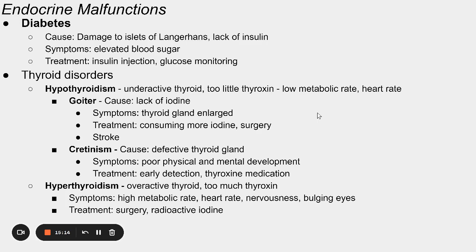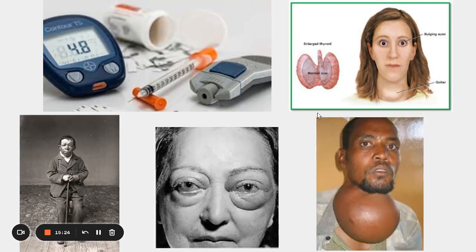If you look on a salt container in your kitchen, it might say iodized salt. It means they've added iodine to give people enough, because deficiency of iodine causes some of these thyroid problems. If it happens when a child is still growing, it can lead to cretinism or dwarfism.